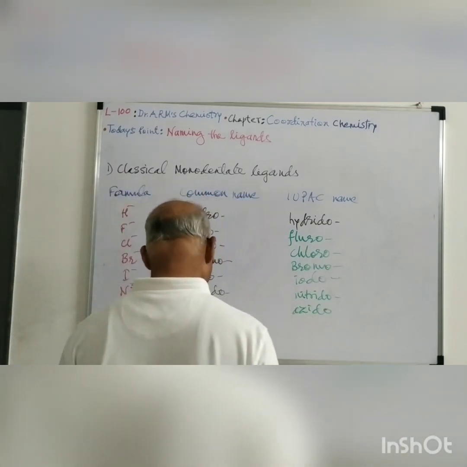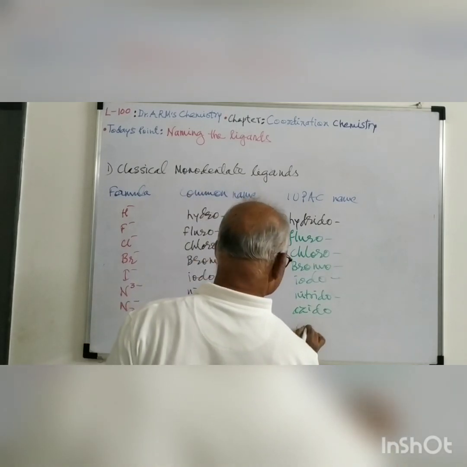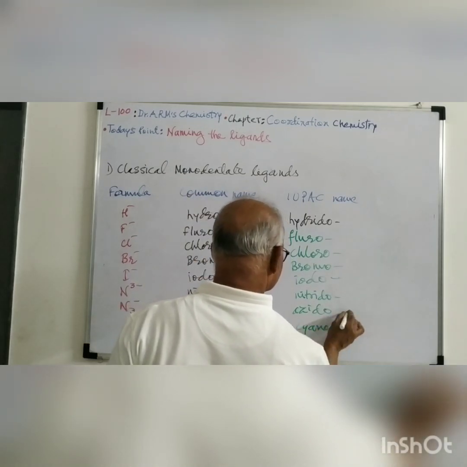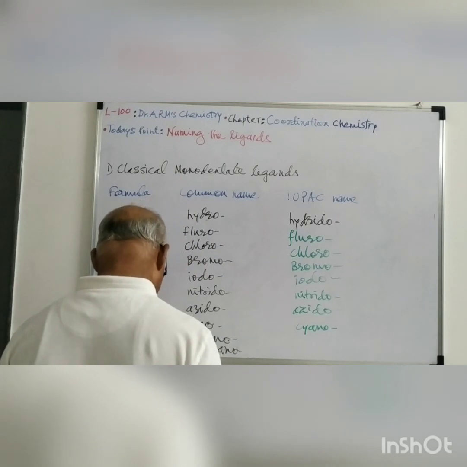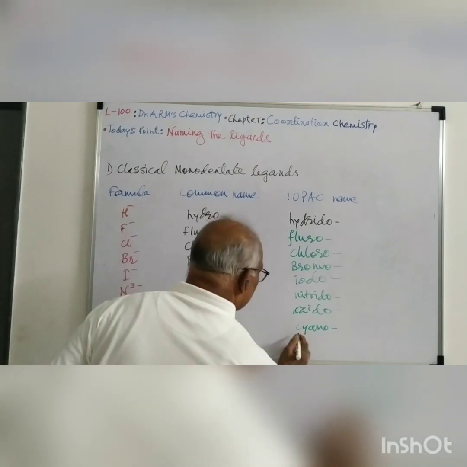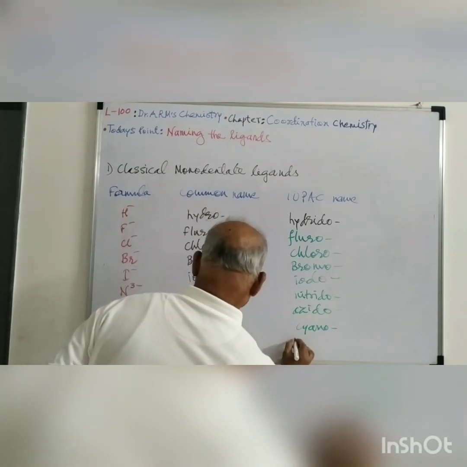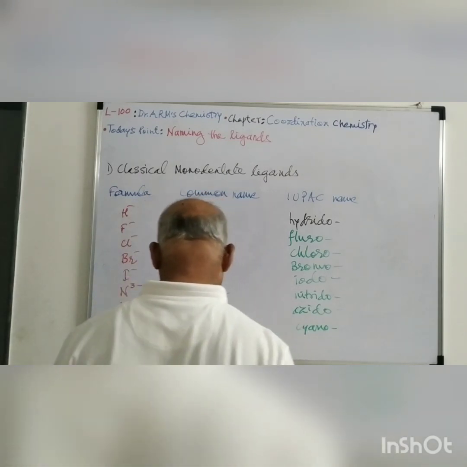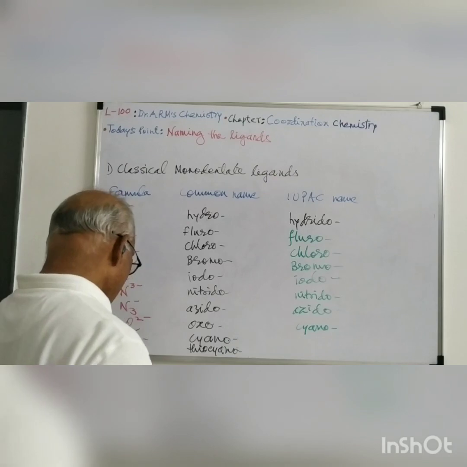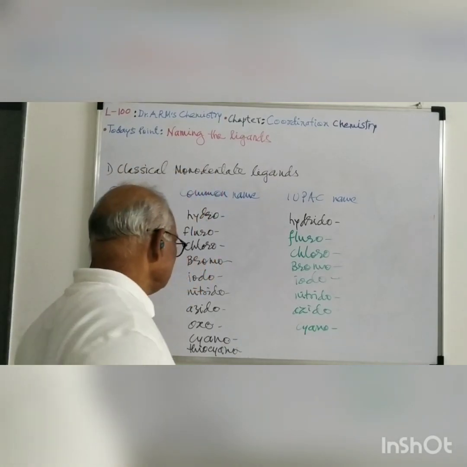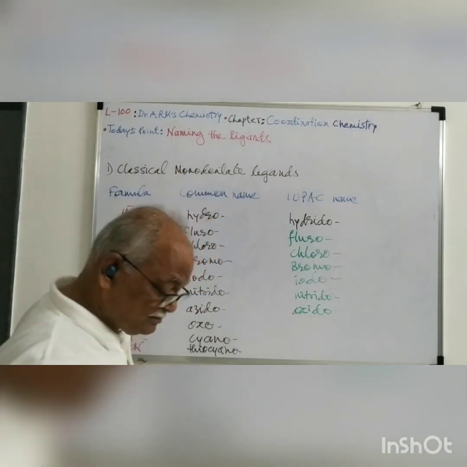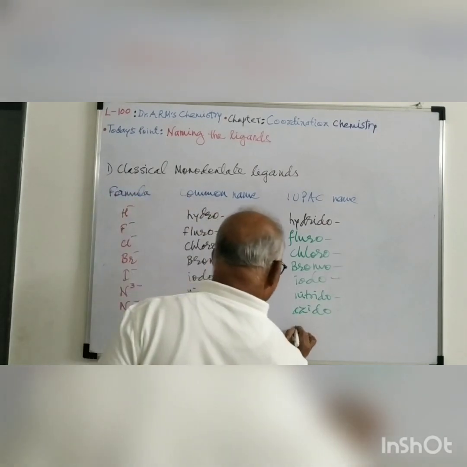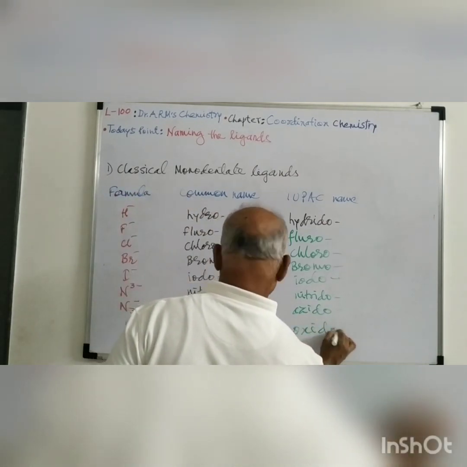Then cyano also remains unchanged, cyano. Then oxo becomes oxido.